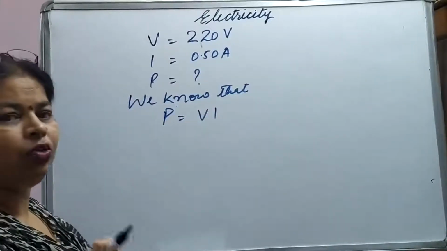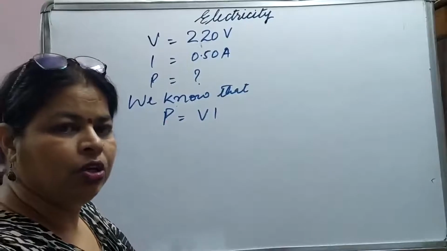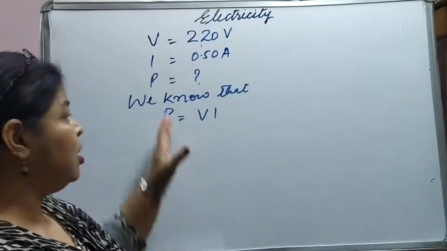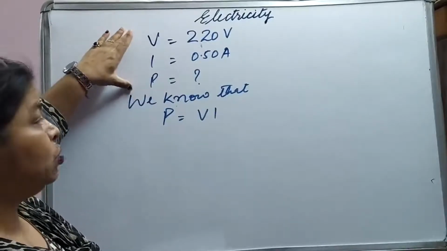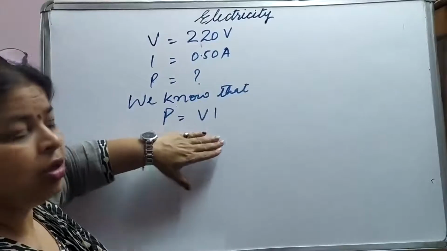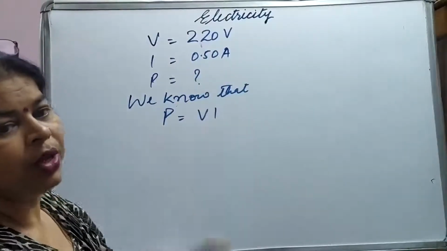Always remember that when attempting numericals, you have to do it step by step. First collect the data so that you know what we are discussing. Then write down the formula; you get marks for this. Then put the values.